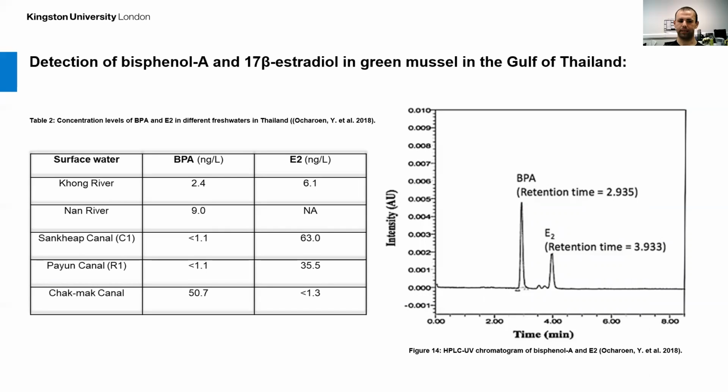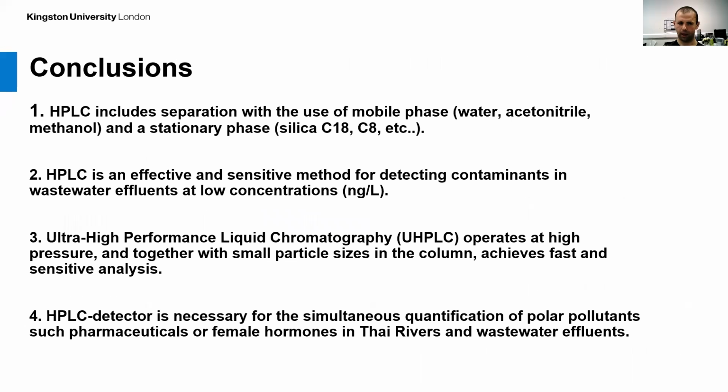Table 2 represents the concentration levels of bisphenol A and 17-beta estradiol in 5 different Thailand rivers. And figure 14 represents the HPLC UV chromatogram of separation of bisphenol A and 17-beta estradiol.